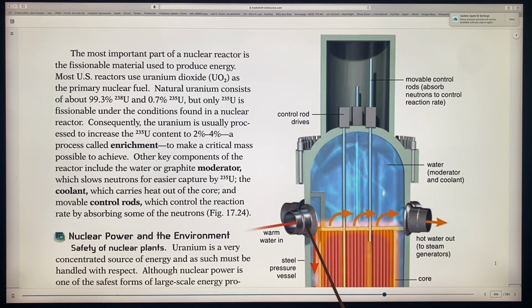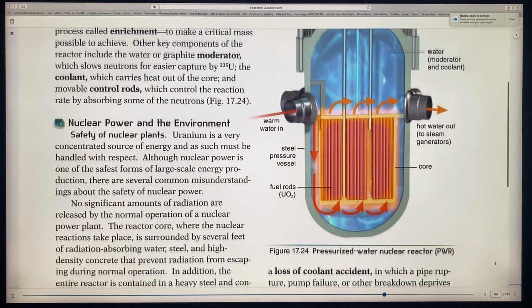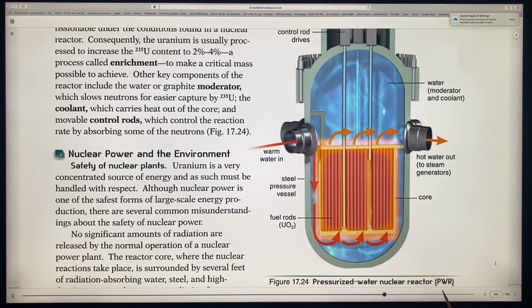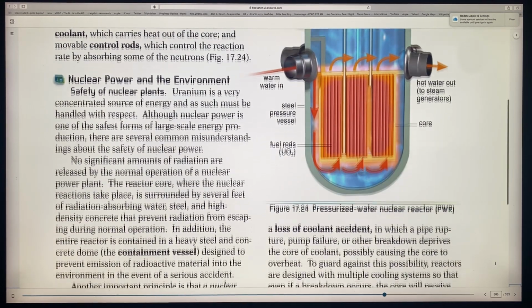And the warm water is coming in, goes through, hot water comes out to steam, and this is a coolant process. So this is a pressure water nuclear reactor, PWR. Here's the core going through all of these rods and the fuel rods and the steel pressure vessel here, so you can see it's going through. So PWR, pressure water reactor.